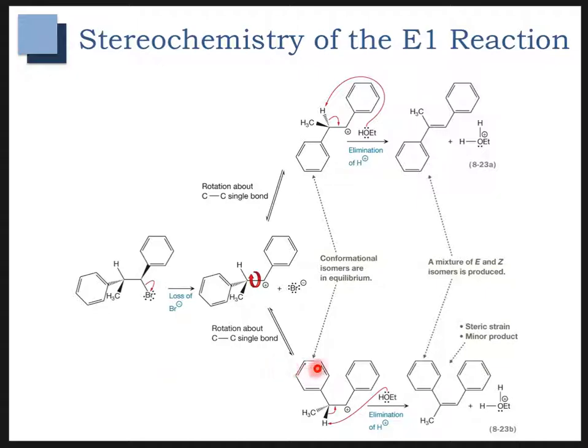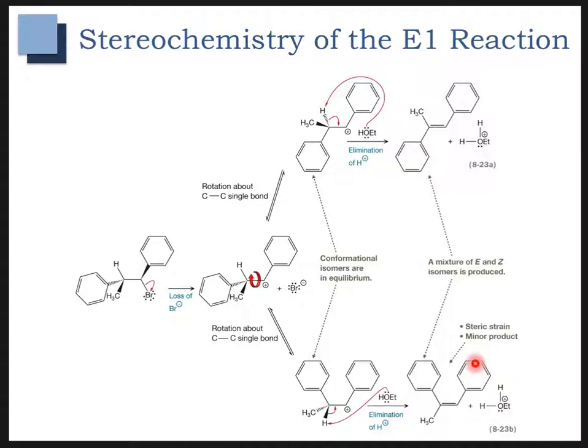The bulkier your groups are, the more of the E isomer in this case. Though you do have to check and make sure, because just because the groups are bulky doesn't necessarily mean it's E, but the bulkier groups will be farthest apart versus in the minor product, the bulkier groups are on the same side, but this would not be preferred.